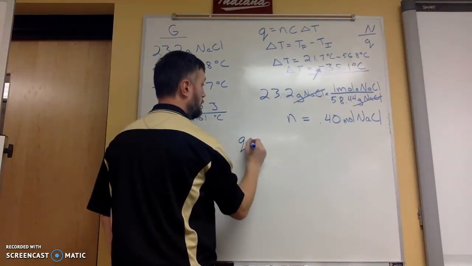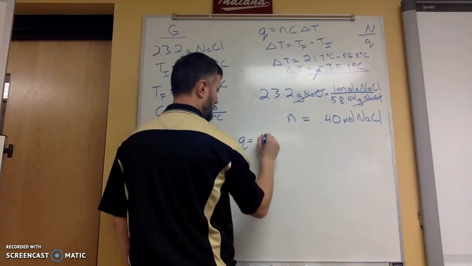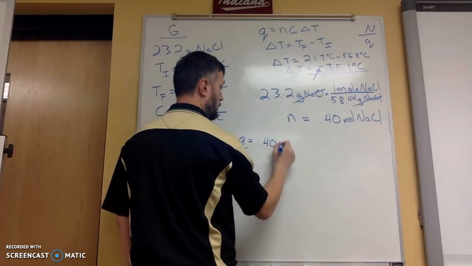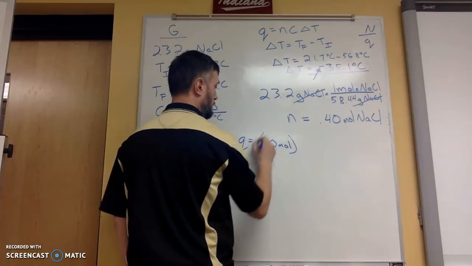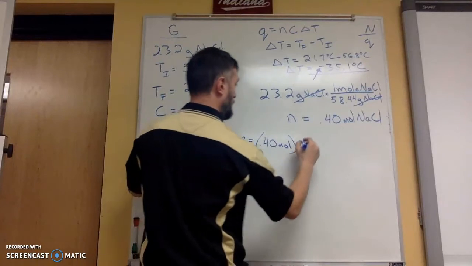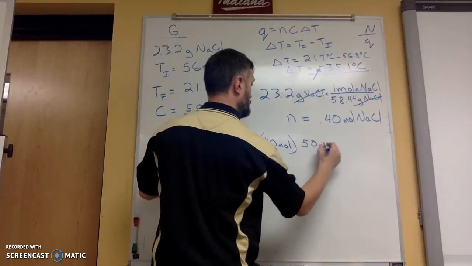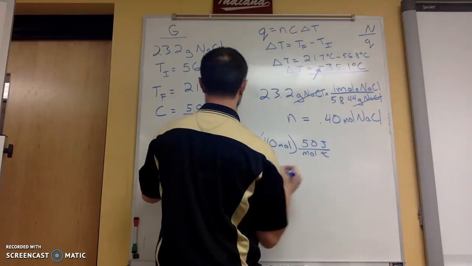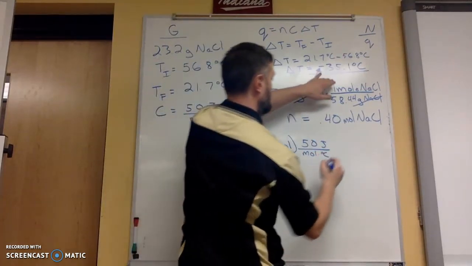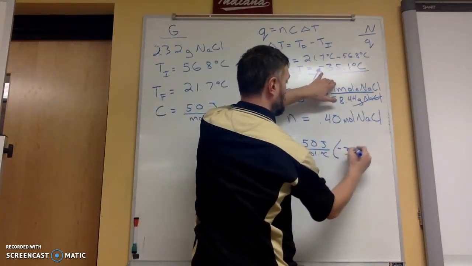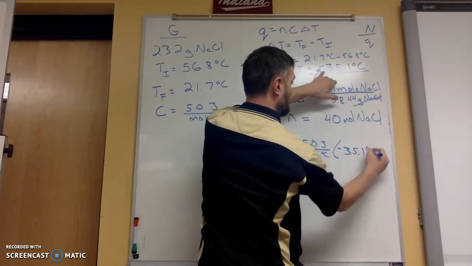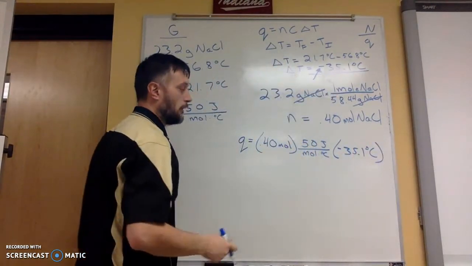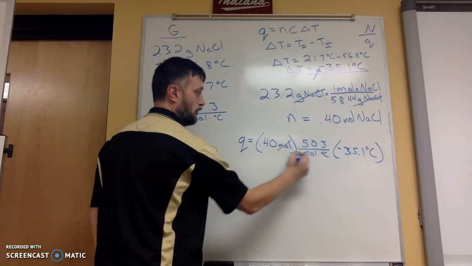Q equals N, which is 0.40 moles, times my C, which is right here, 50 joules per mole degrees Celsius, times my delta T, which was negative 35.1 degrees Celsius. Before we get lost in the math, units cancel.